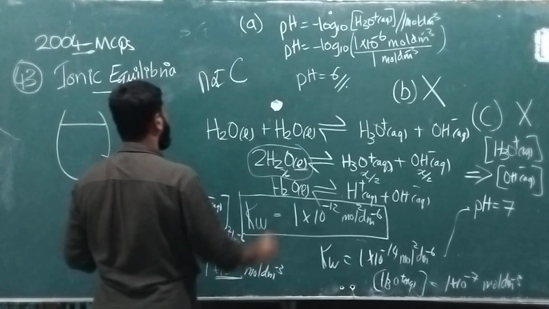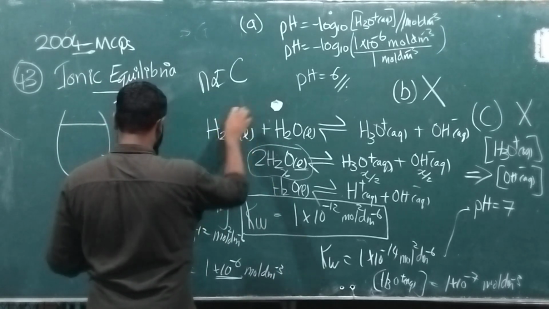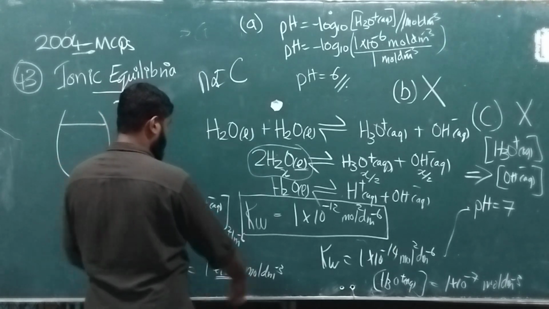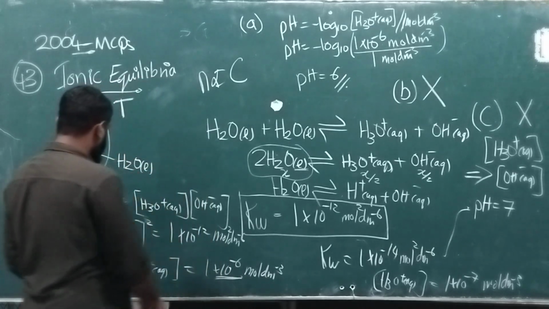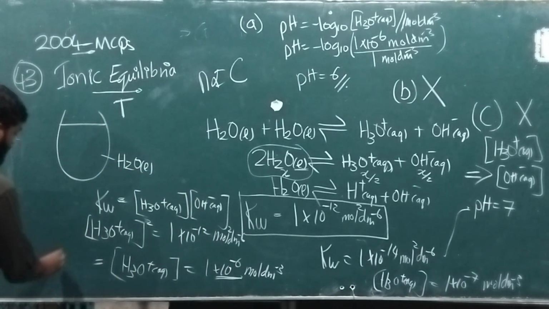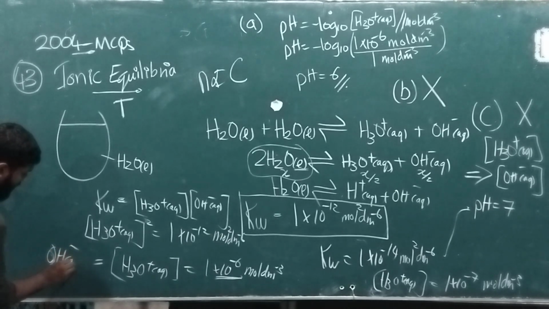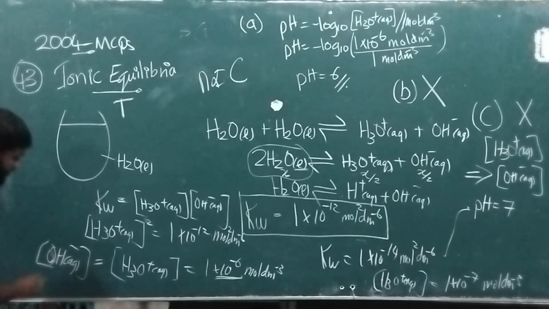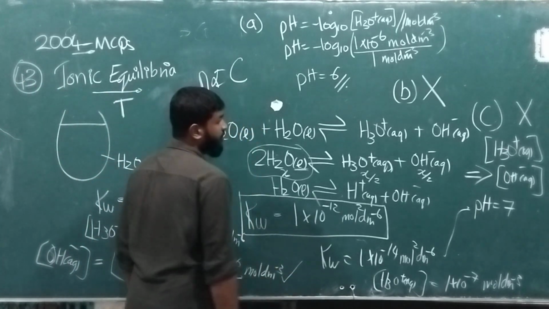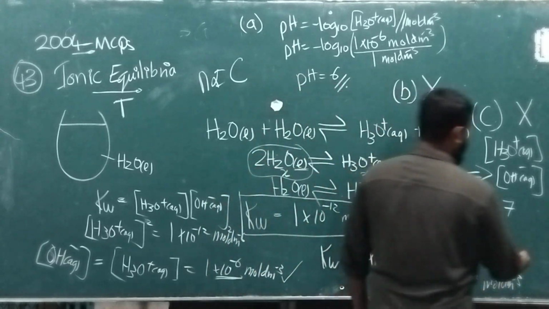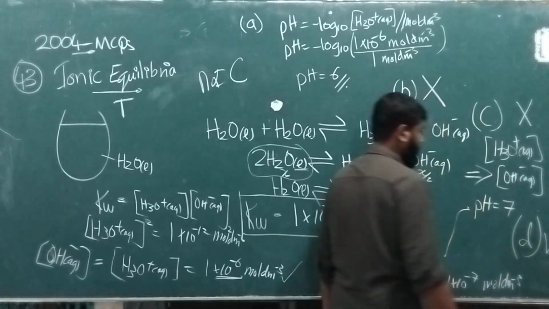So here you have 1 into 10 to the power minus 6, which is the concentration of the H3O plus hydronium ion. So this is equal to OH minus aqueous. So this is absolutely correct. Therefore statement D is correct.